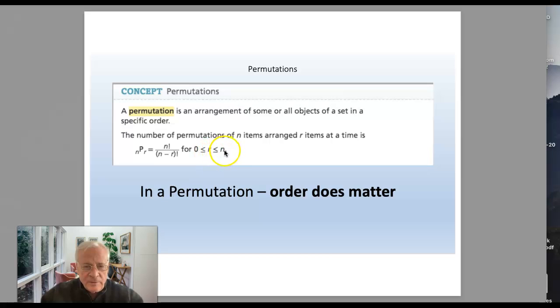Again, n is the big number, r is smaller, and they're both greater than or equal to 0. Very important: in a permutation, order does matter. In an arrangement, order does matter. All right?